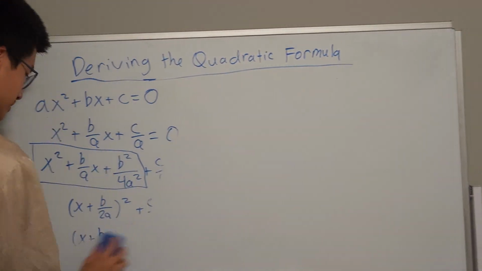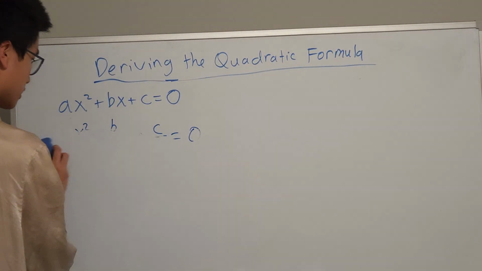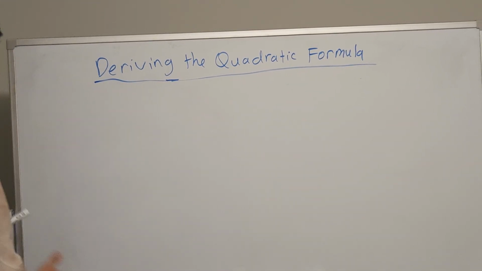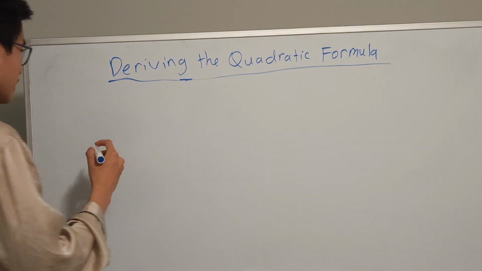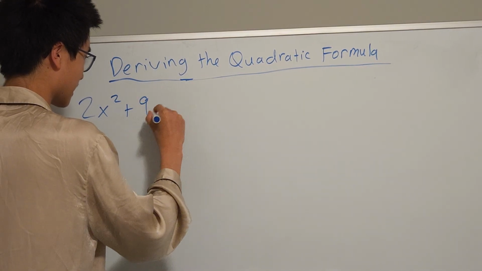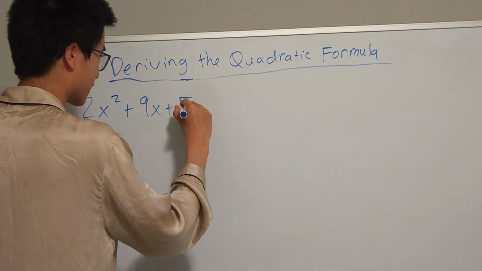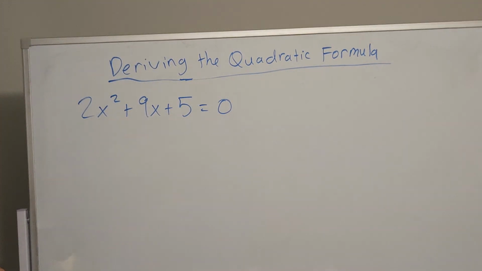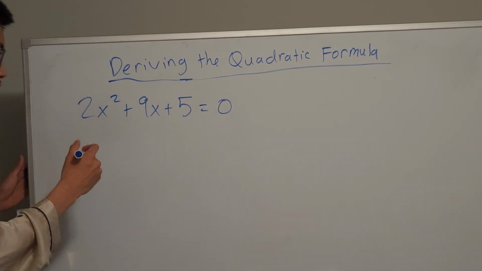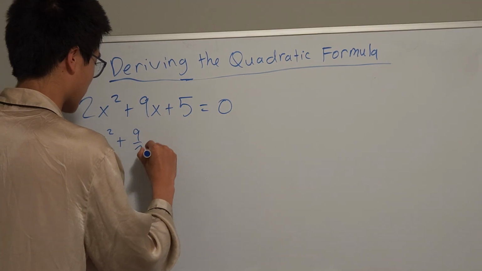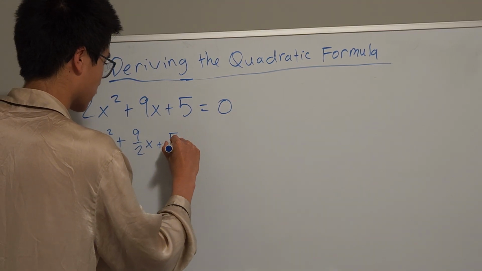Okay, so let's say we have an equation 2x squared plus 9x plus 5 equals 0. Alright, so we want to solve for x right here. So doing our completing the square method, we first divide both sides of the equation by 2. So this will give us x squared plus 9 over 2 x plus 5 over 2.